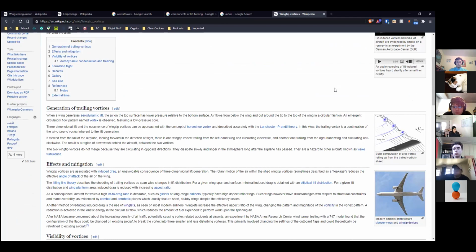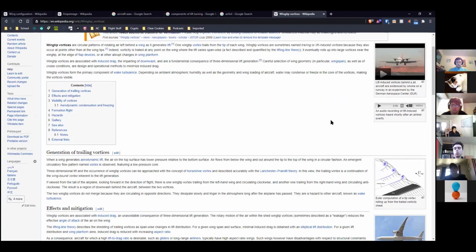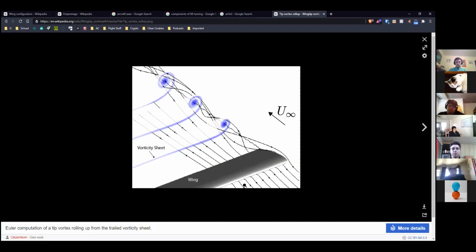We don't need to get into that much right now, but we can talk about it later if you want. But basically that means that at the tip of the wing, the high pressure on the bottom wants to spill into the low pressure on the top. And so it tries to curl around the wing.